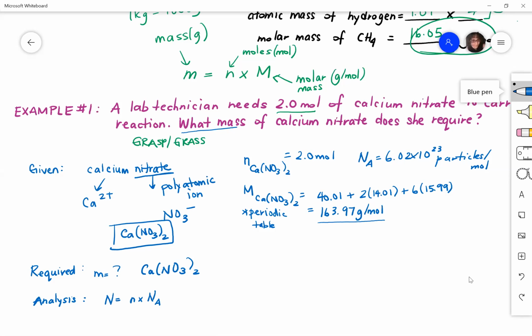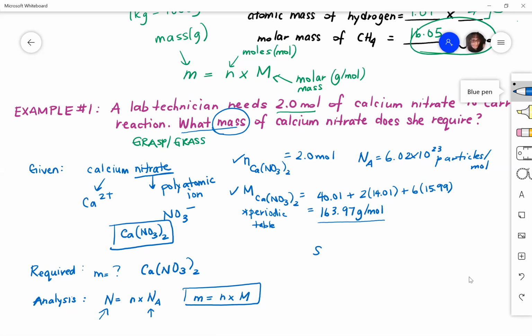And this time, if we're working with mass, number of moles and molar mass, we know that we can solve for the mass with the number of moles times the molar mass itself. Based on what's given to us here, we've got number of moles, we've got the molar mass, we're looking for the mass in the question, so we can just go through and solve using this equation. We don't even need the Avogadro's number here because we're not looking for any number of particles.